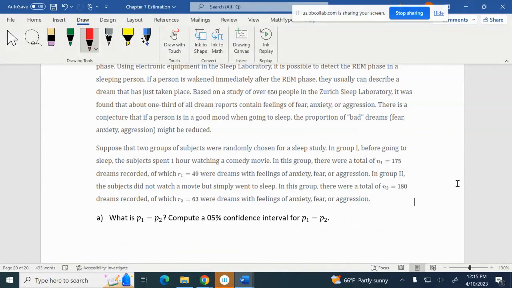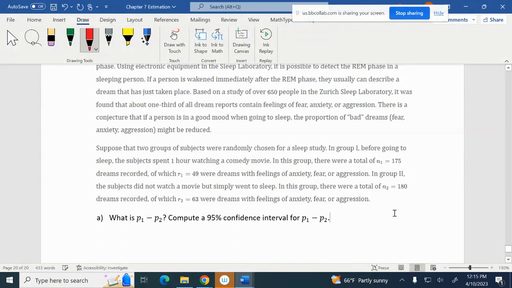The first group has 175 people, and 49 of them had dreams with feelings. The second group has 180, and 63 of them had dreams with feelings, anxiety, fears, and so on. Now, I'm sorry, it's a typo. It's 95%, not 0.5%, that does not make sense.